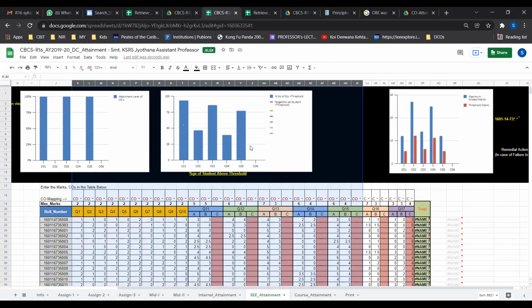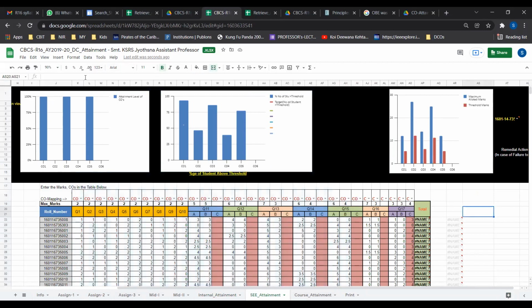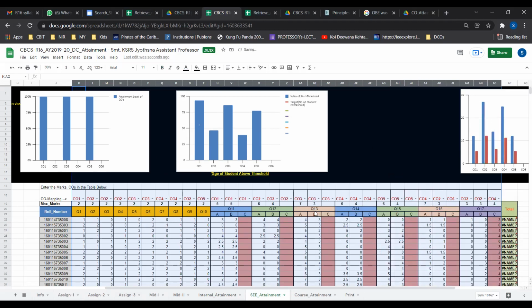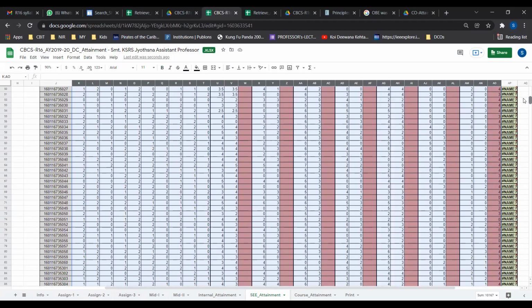You can see there were many questions asked here, actually given in choices. For CO4, short answer questions were there, and if we scroll down, we can see that almost all of them have attempted. They have got some values there.